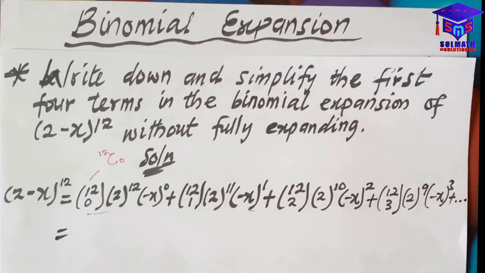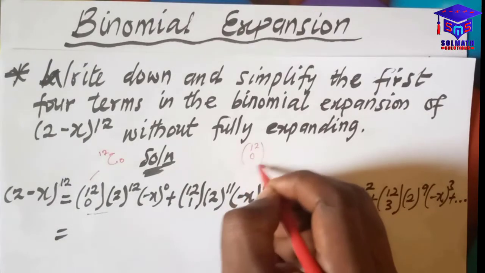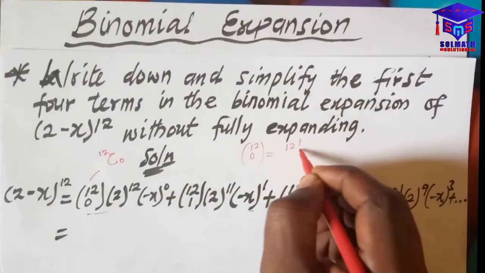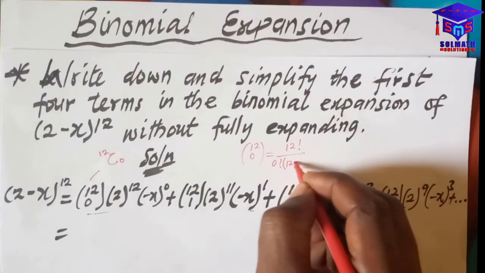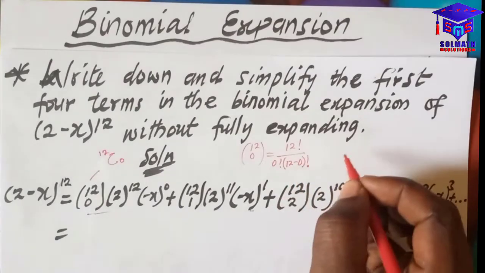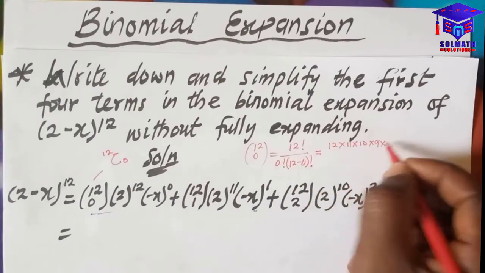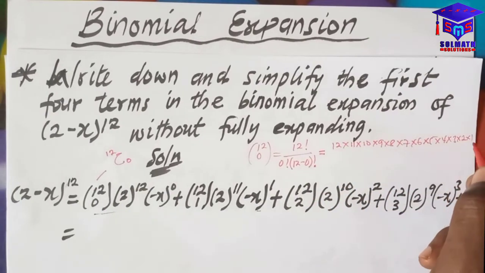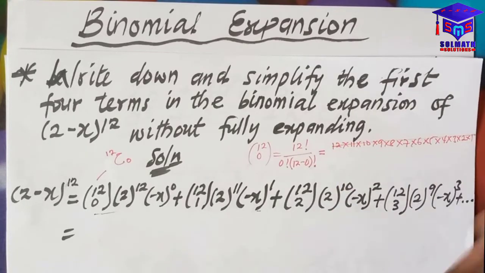Now you have to simplify. Quickly, you can use your calculator. If you don't want to use your calculator, as we said, 12 combination 0 is the same as 12 factorial over 0 factorial times (12 minus 0) factorial. This is a bit lengthy, and there's no need to worry yourself to do this anyway.